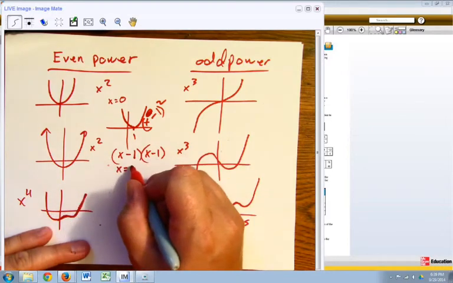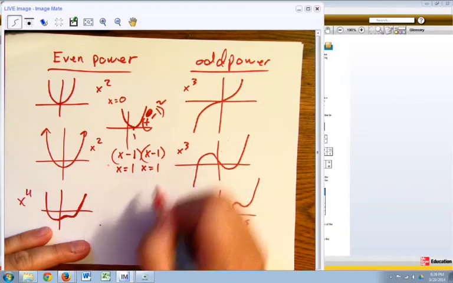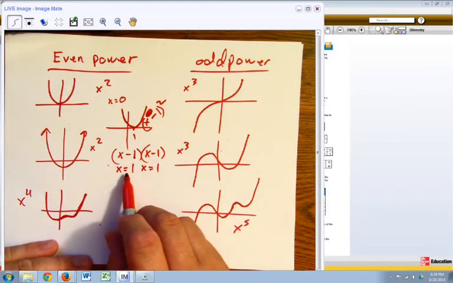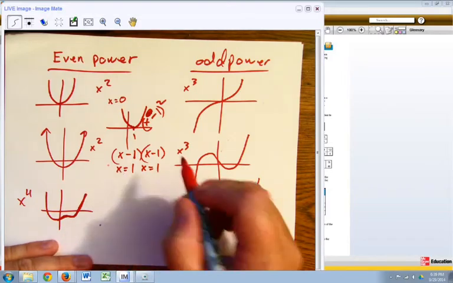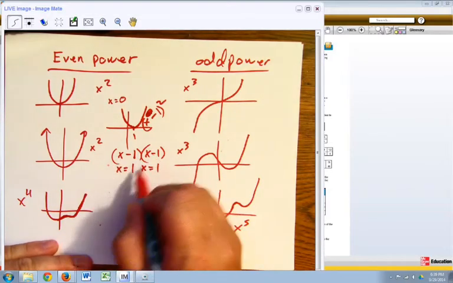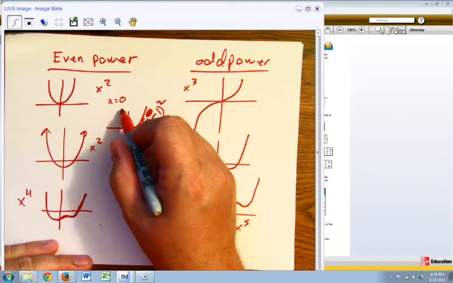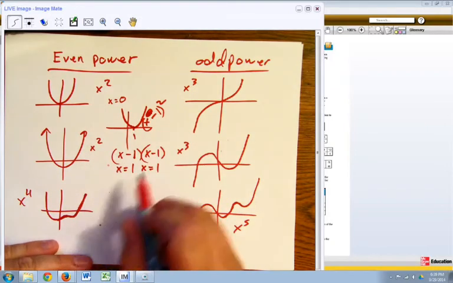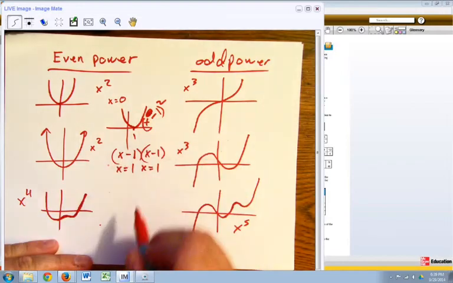So I have two solutions. They just happen to be exactly the same. We call these solutions of multiplicity 2. If you have an even number on the multiplicity, it's just going to touch or be tangent to the x-axis. If you have an odd number, it's going to go through.